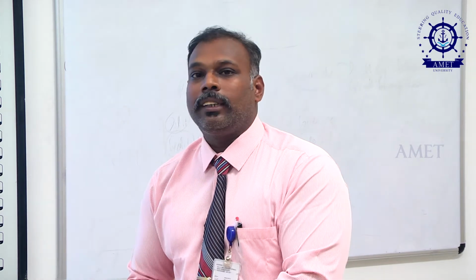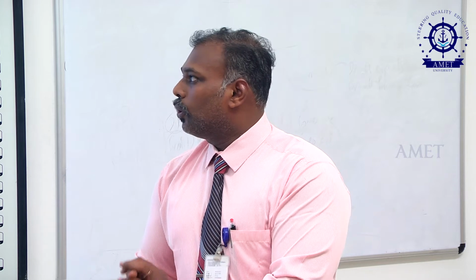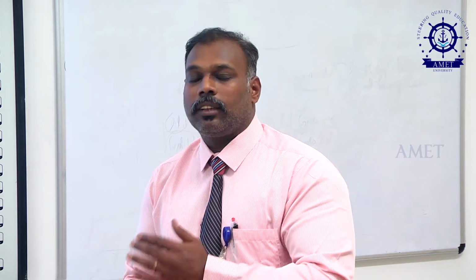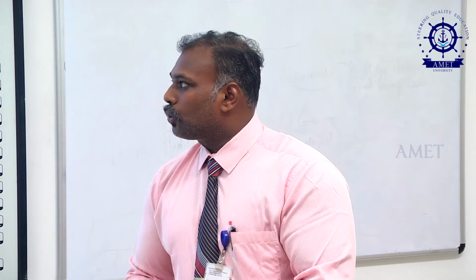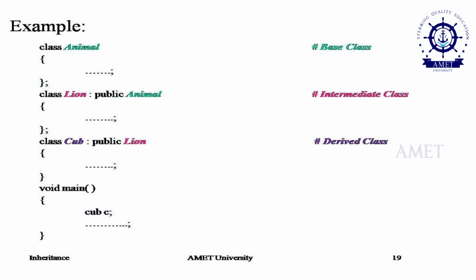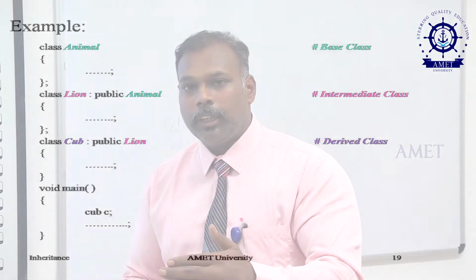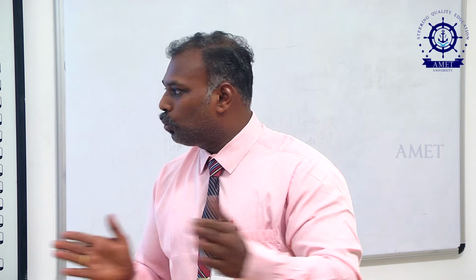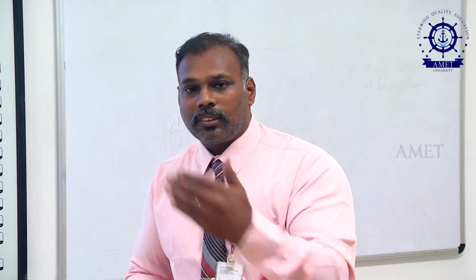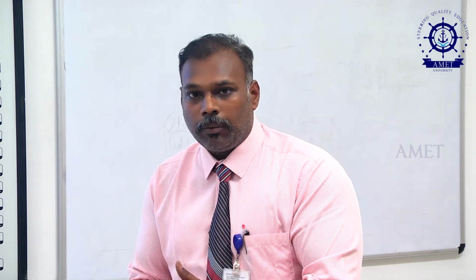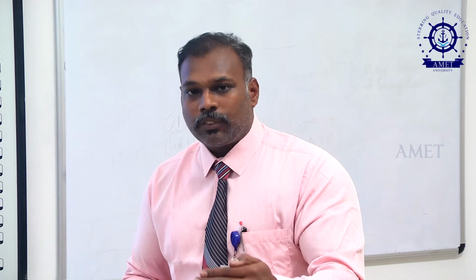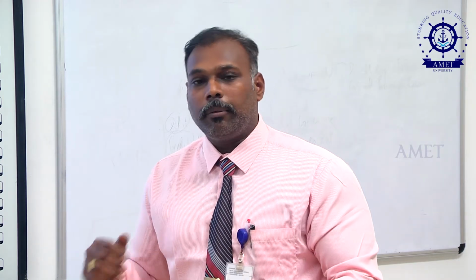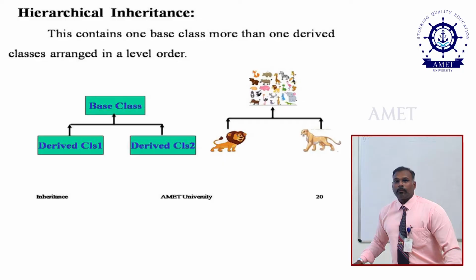So lion is the intermediate class, cub is the derived class. Lion inherits the properties of animal, and cub inherits the properties of lion. The last derived class we derived is cub, so for the cub derived class we create the object in the main function, that is cub C.